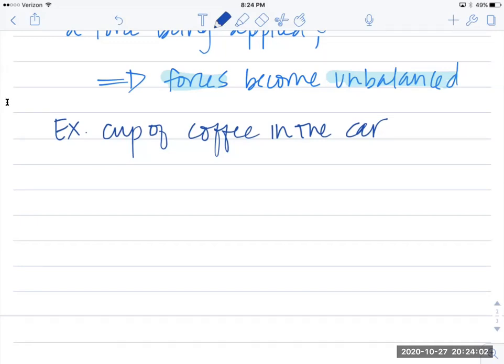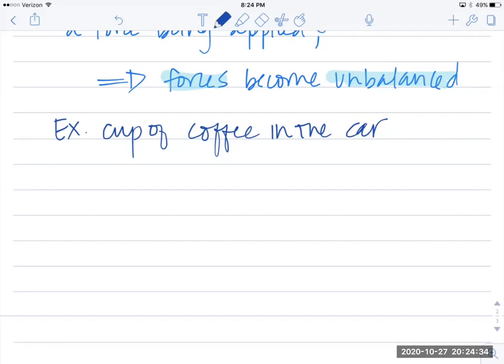You have a full cup of coffee, you just went to the coffee store or brought it from your house, and as you get in the car, you turn it on, and put your coffee in the cup holder. As you are accelerating from rest, so your car was at zero velocity and now you are changing your acceleration, which means you are now changing your velocity.